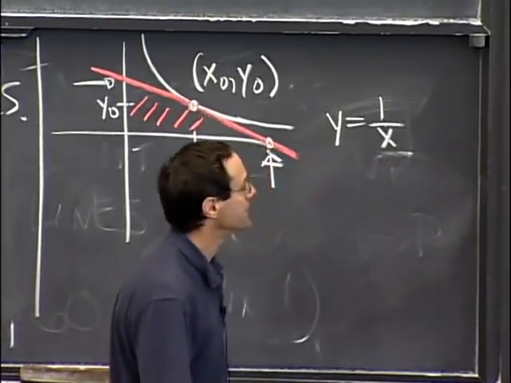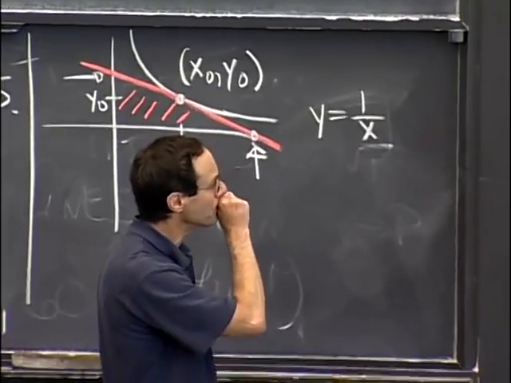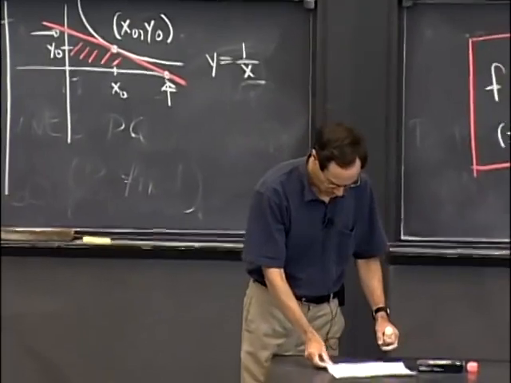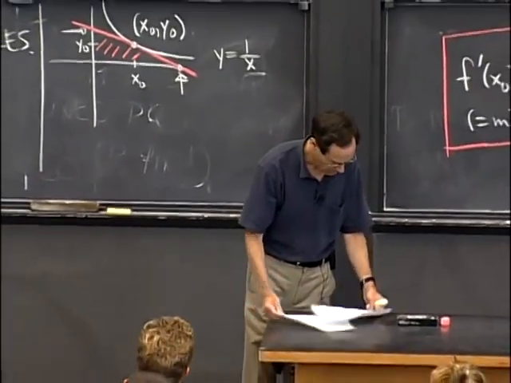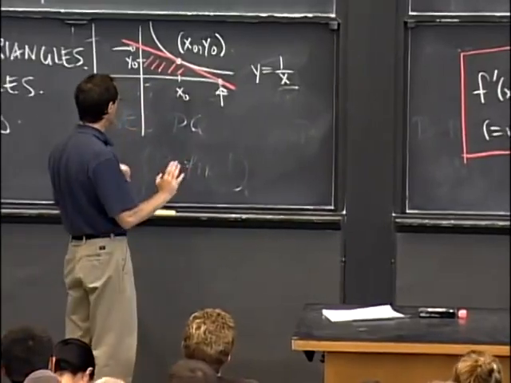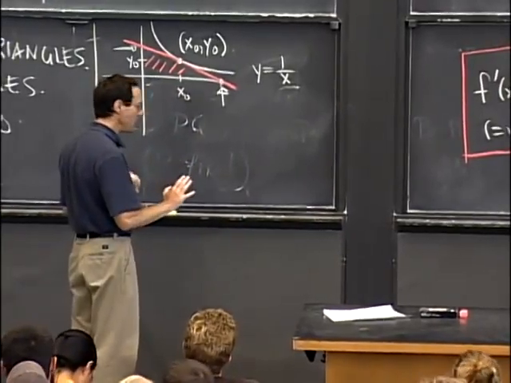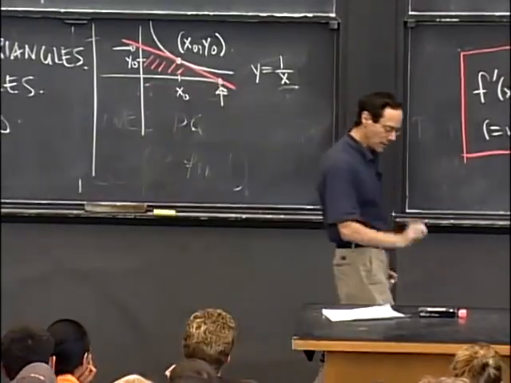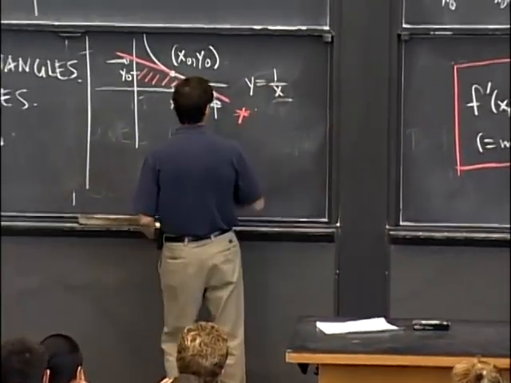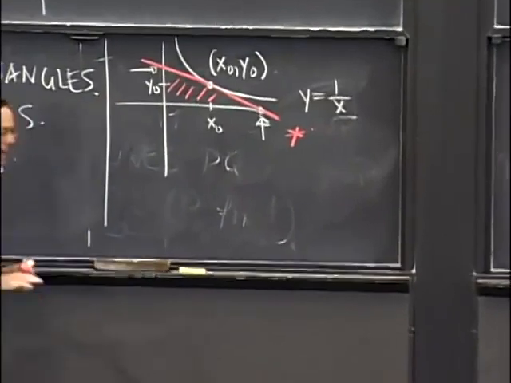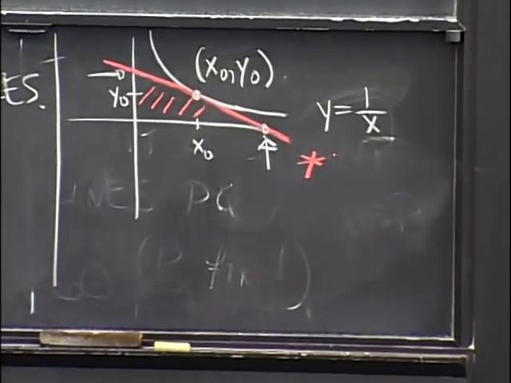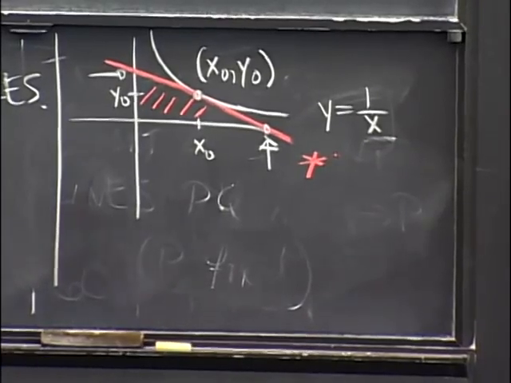Well, so let's just take a look. So what is it that we need to do? I claim that there's only one calculus step, and I'm going to put a star here for this tangent line. I have to understand what the tangent line is. And once I figured out what the tangent line is, the rest of the problem is no longer calculus.